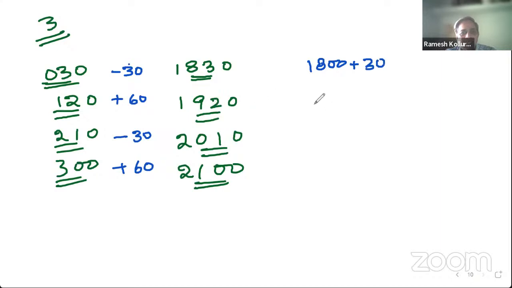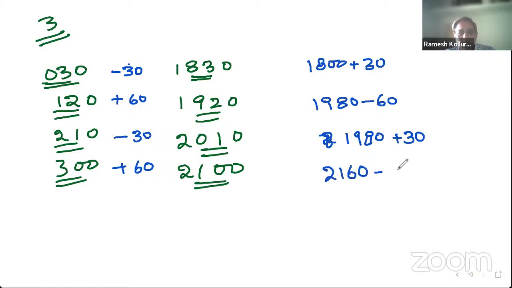This is 1980 minus 60. This is 1990 plus 30. 1980, right? And then 2100 is 2160 minus 60.